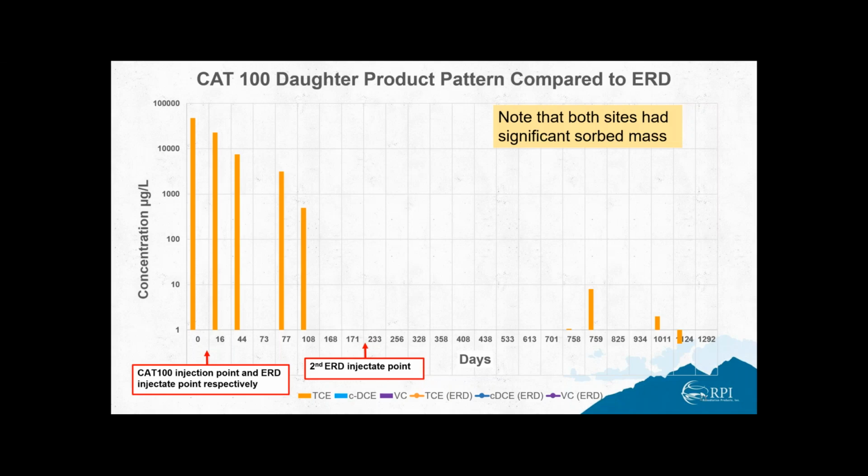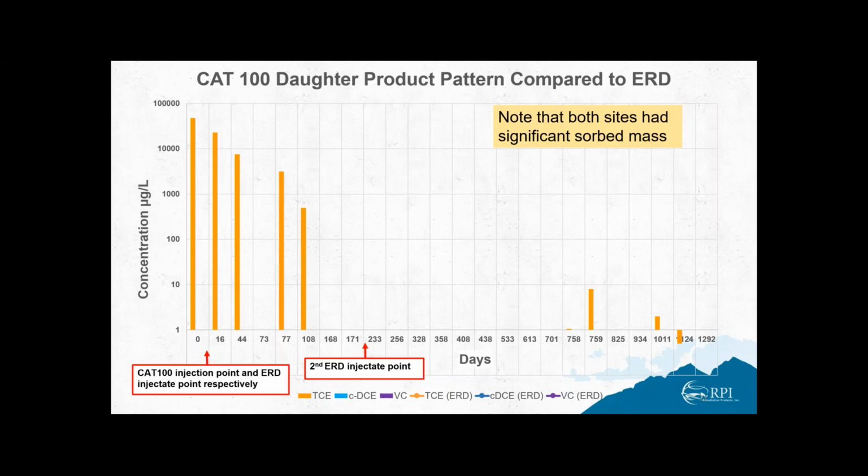I believe that would be 50,000 micrograms a liter actually. And you'll see that by day 108, it appears to have been restrained to a level at the reporting limit and doesn't appear on the graph. If you look out later at day 758, 759, and day 1000, you will see that it pops up again a little bit here and there.